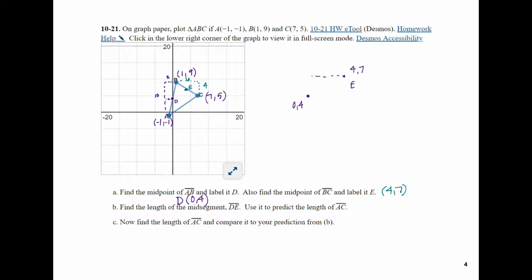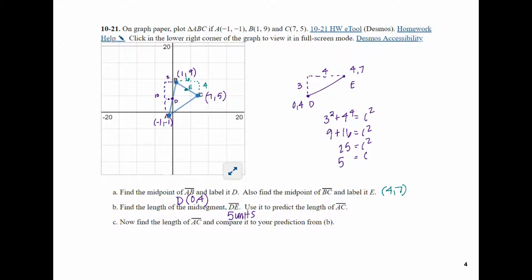So we know we ran 4 units, and we went up 3 units, so we could use the Pythagorean theorem. 3 squared plus 4 squared equals the distance from D to E, which is c squared. 9 plus 16 equals c squared. 25 equals c squared. So the distance of line segment DE is 5 units.